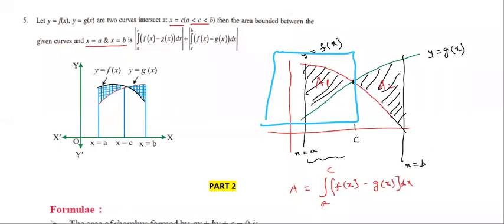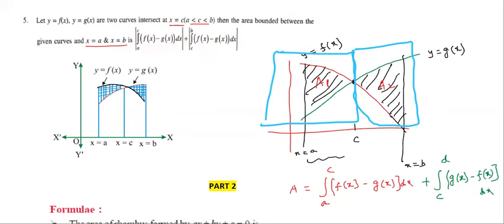Now go to the second area. This area, c to b. Observe which is the upper curve and which is the lower curve. The upper curve is g of x and the lower curve is f of x. See the difference. Now calculate these two, and we get the required area.